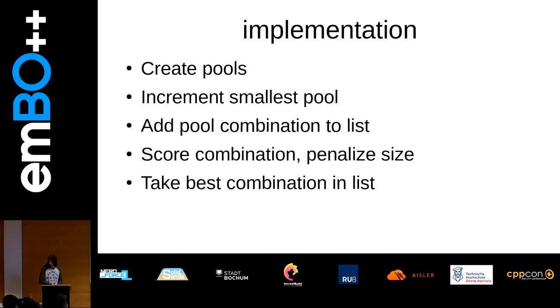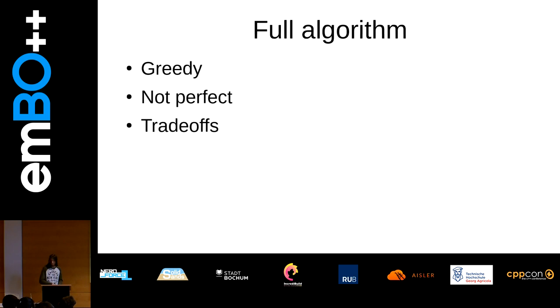Now, a full algorithm, this is an implementation of a greedy algorithm, so it doesn't get the perfect results. As I said, to get perfect results, you need a far more sophisticated algorithm, and that's just something template metaprogramming can currently not handle. You will run out of memory on your compiler far before you ever get close to finding a perfect solution.